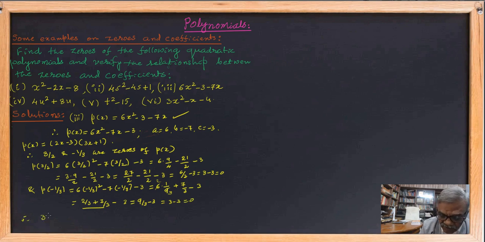Therefore 3 by 2 and minus 1 by 3 are zeros of p(x).